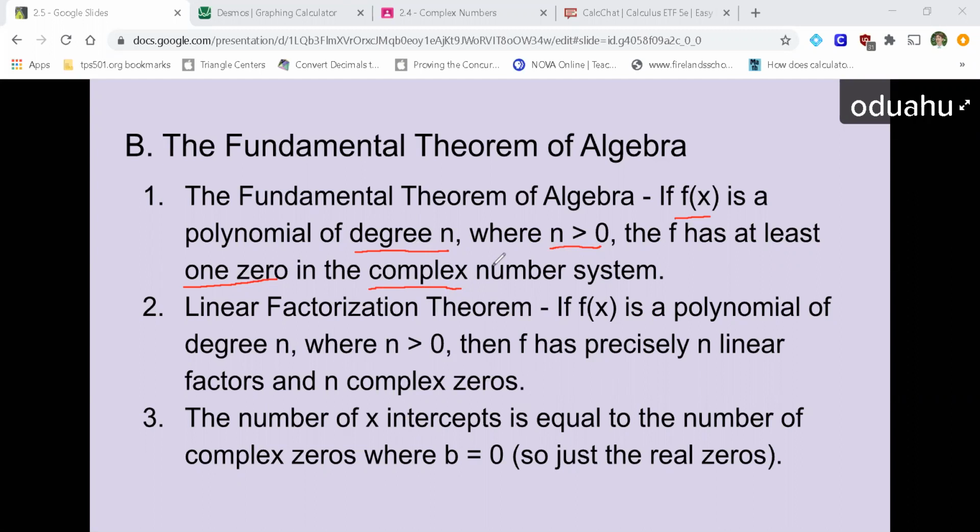So basically, this is telling us if our function has degree x to the first or any number higher, x squared, x to the third, x to the fourth, then it has a zero. And that zero could be a real number, or it could be a real part plus an imaginary part. It could be a complex number.